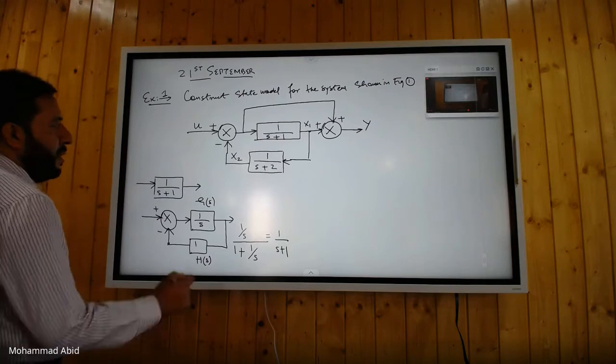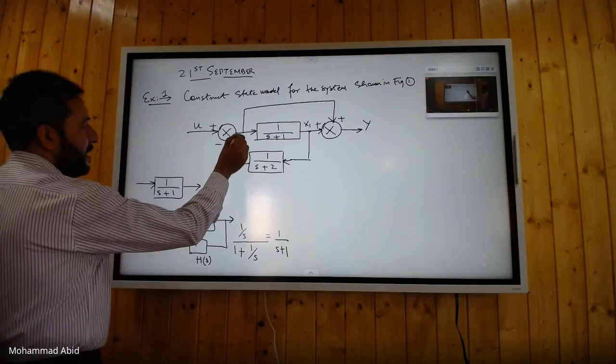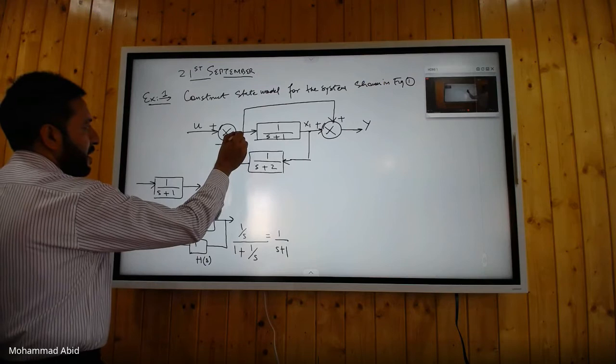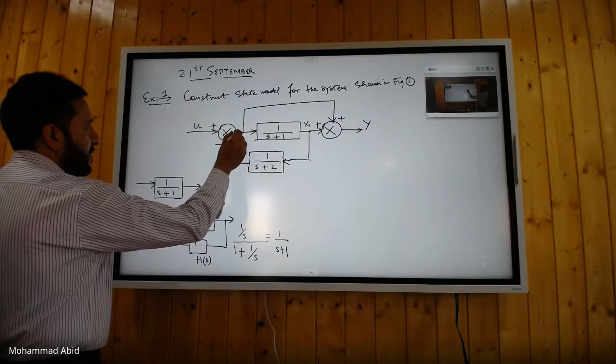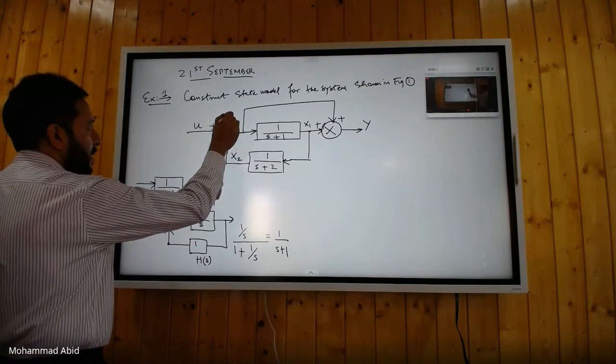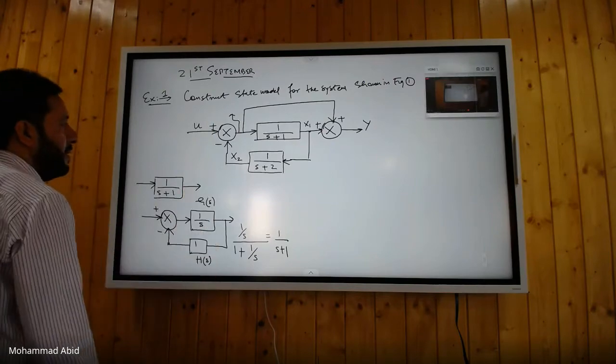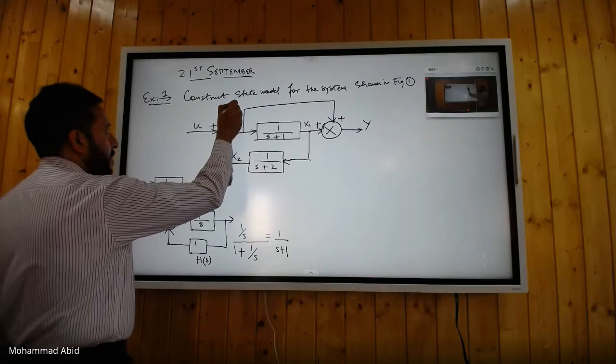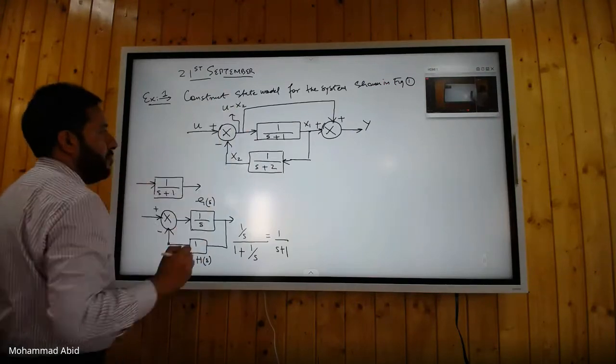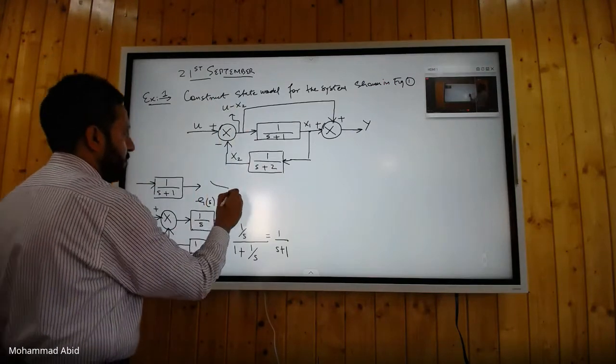Now tell me, what is this signal here? This one? Yes. U minus x2. U minus x2, very good. So I write down the equations now.